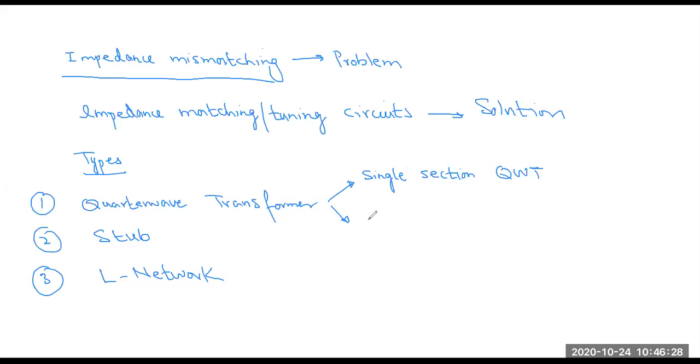But there is another type of quarter wave transformer that is used because of some reason that we will discuss, and that circuit is known as the multi section quarter wave transformer.